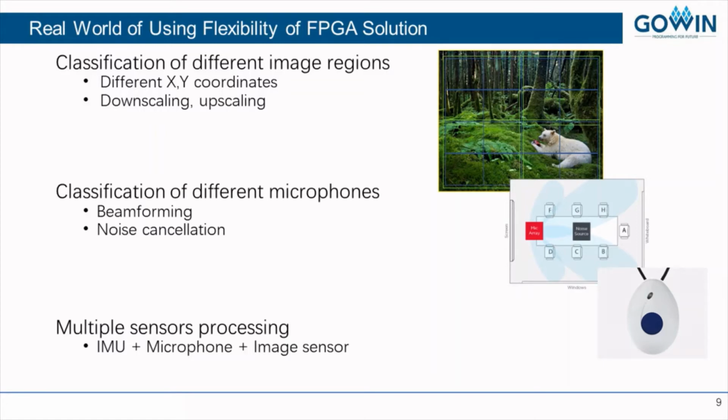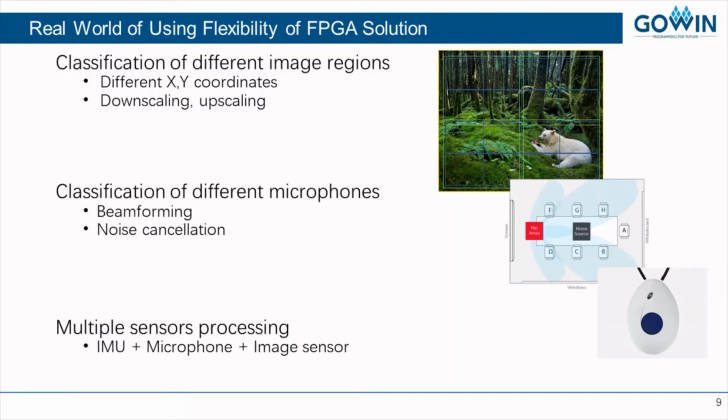So take, for example, like a life alert type application where you've got some device on a person and you want to know if they've fallen and potentially hurt themselves. Well, you can use a camera for that, you can use a microphone for that, and you can use an IMU for that. So with the image data, you can look at the image data and classify if it looks like the person has fallen down.